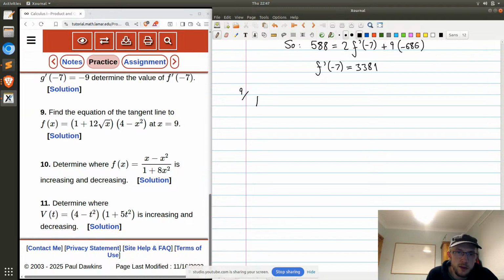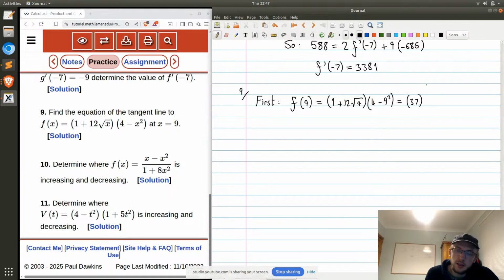First, though, the point in question. 12 times the square root of 9, all times 4, take 9 squared. So 1 plus 12 times 3, which is 37.